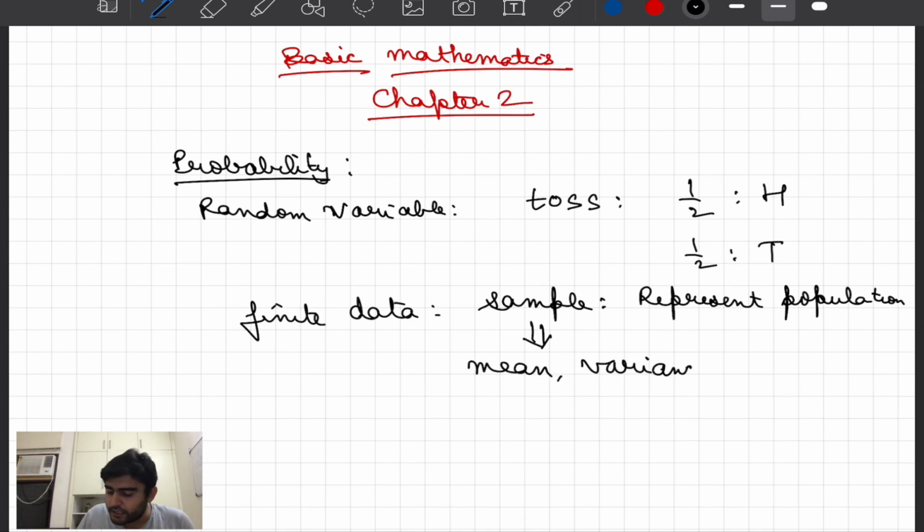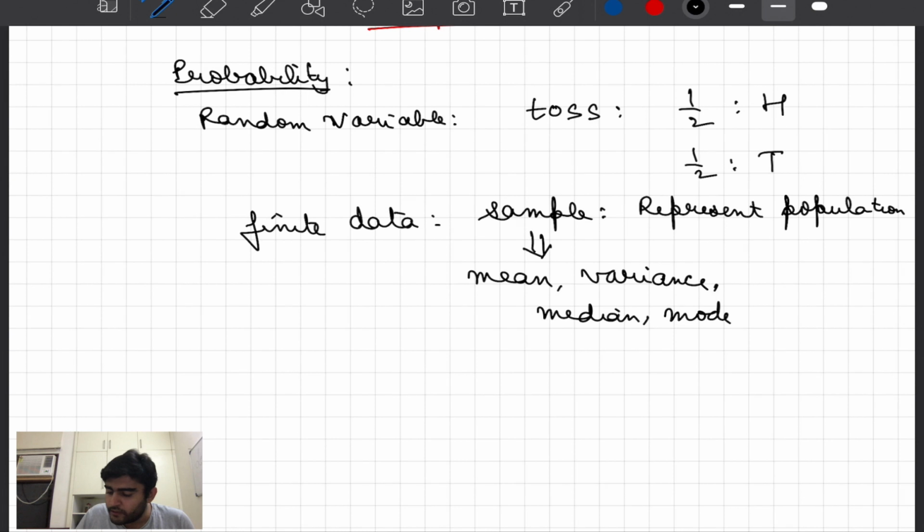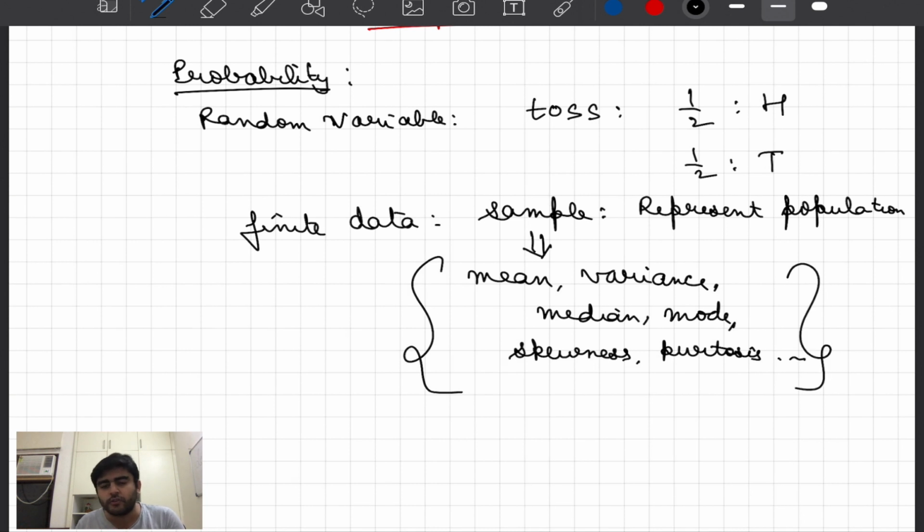Then we look into the statistics of these samples. For example, we look at their mean, variance, median, or mode, or sometimes even the higher order moments, which are called, let us say, skewness, kurtosis, and so on. We'll not worry too much about what skewness or kurtosis are, but just so you know, these are ways to draw inference about the population by looking at the samples.